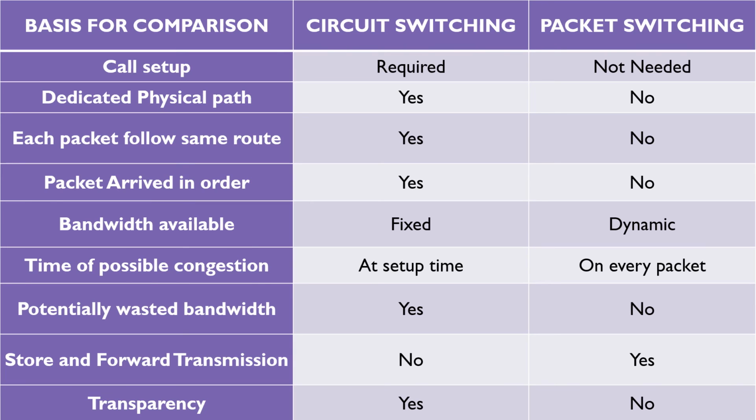Potentially wasted bandwidth is possible in circuit switching, but there is no wastage of bandwidth in packet switching network. Then store and forward transmission is not possible in circuit switching, whereas it is possible in packet switching. Transparency is provided by circuit switching, not provided by packet switching.